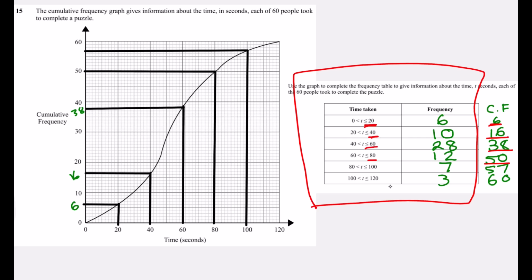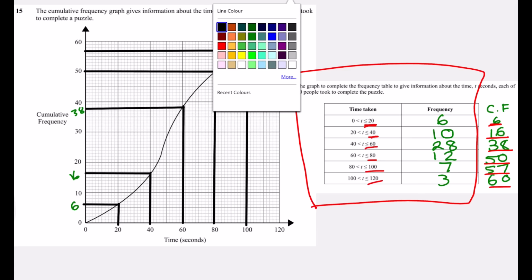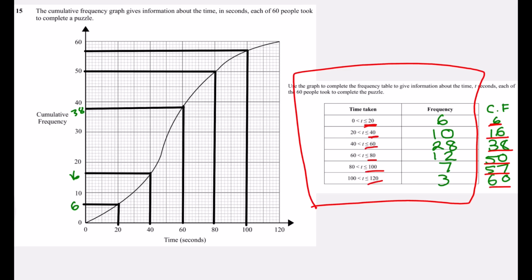So 80 against 50, 100, 57, 120, 60. If we're asked a question about it, we will usually be asked for the median. So if there's 60 people, the median is the 30th. So we go along to 30 and down and read off. This looks like 51. So the median time would be 51 seconds.